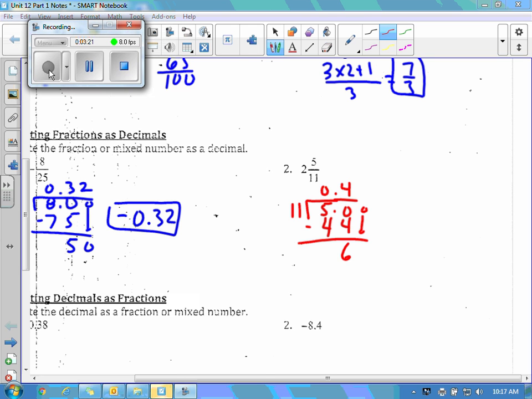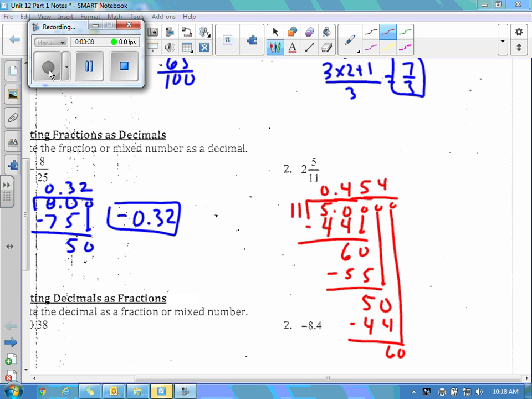Drop down a 0. 11 goes into 60 5 times, so it's 55. So that'll give me 5. Drop down a 0. And if you notice, as I go through this, I'm going to have the same thing repeating over and over. So the way I'm going to write this is 2.45 with a line over the 4 and 5. And both of those are equal.